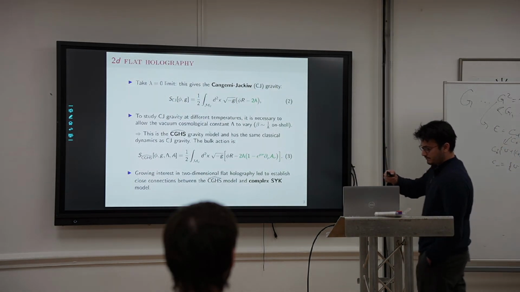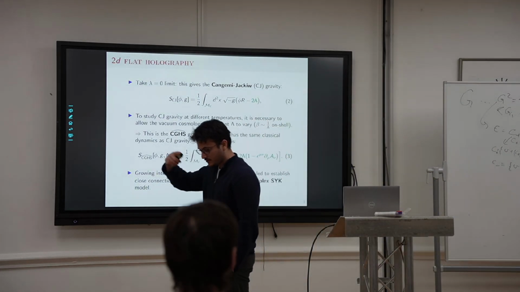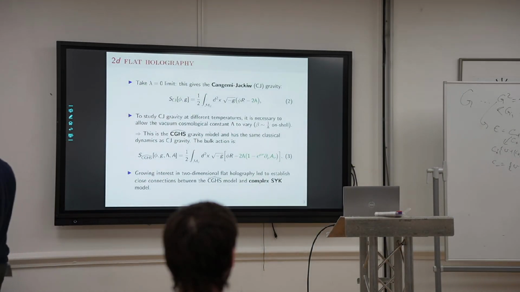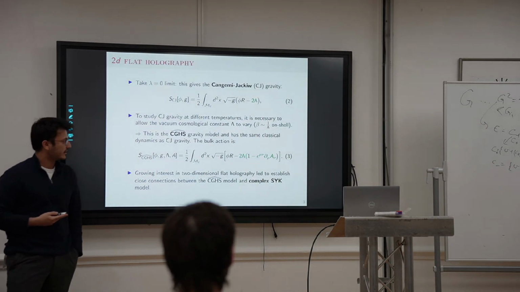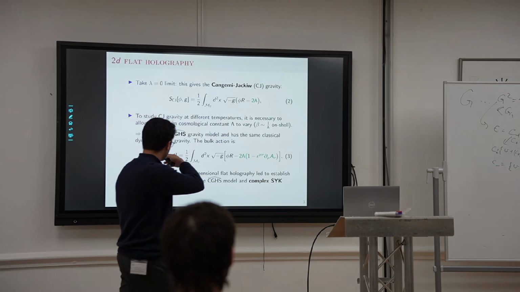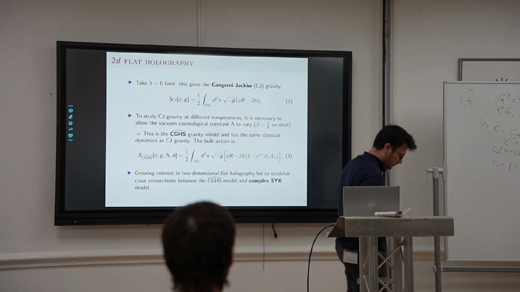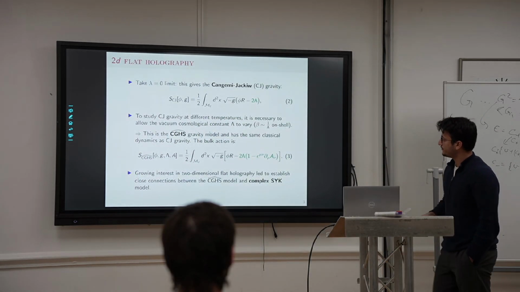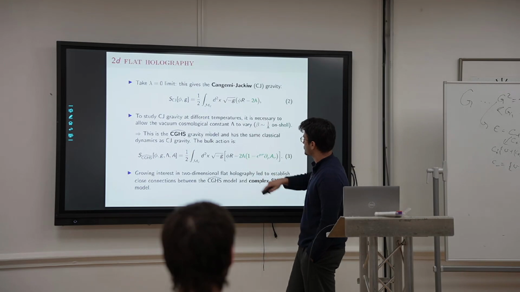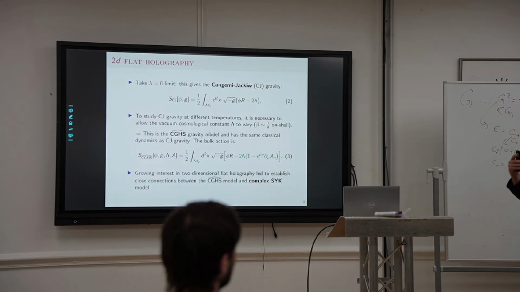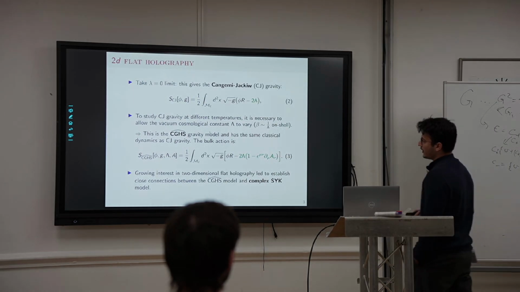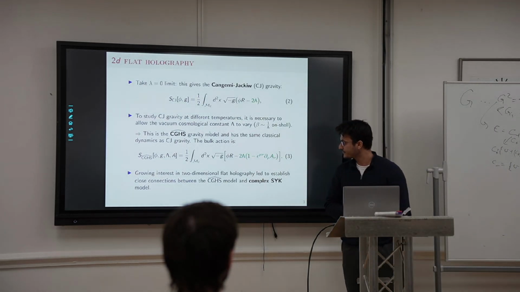And you want your partition function to depend on many values of beta, so you want the beta to run. To do that, they consider this thing called the CGHS-hat gravity model. It's equivalent to the Cangemi-Jackiw model on shell. And the modification is that you promote this vacuum cosmological constant to an off-shell variable, so you impose a Lagrange multiplier, and you add this U(1) gauge field.